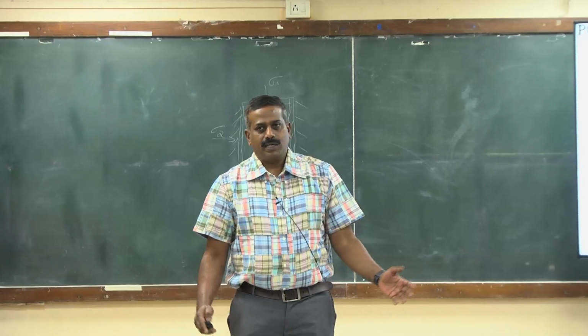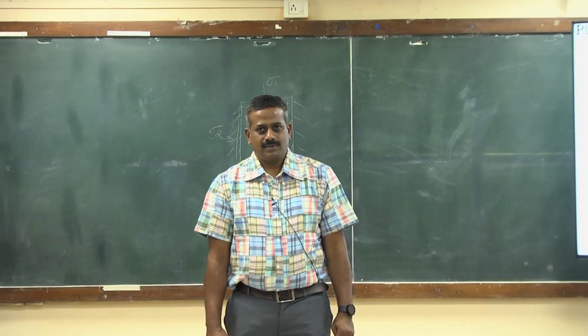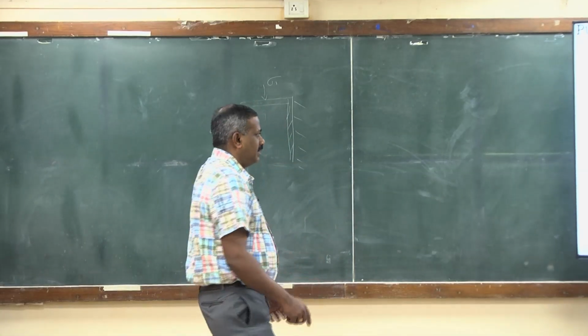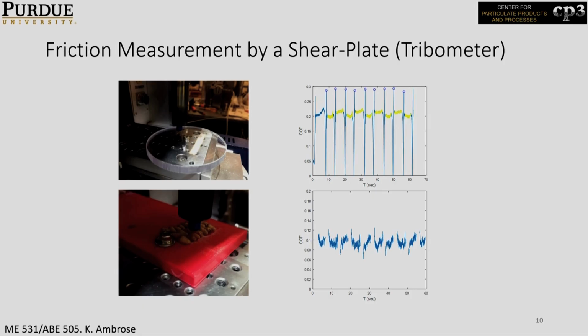But how can we accurately quantify friction? It's difficult, right? So as you can see. But in general, if you're using a tribometer, you might get some more accurate measurements of friction. So a tribometer does very minute measurement of forces on the surface. Again, this is from one of my past research.